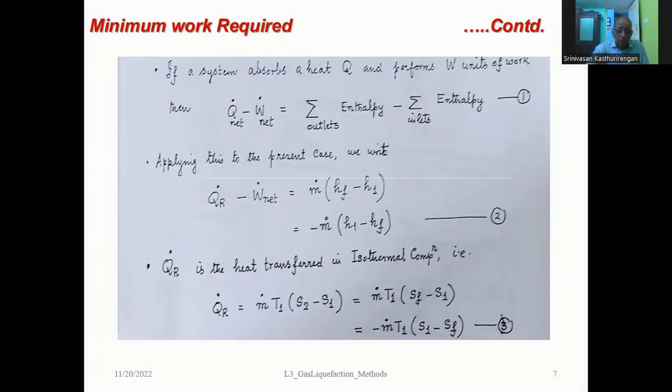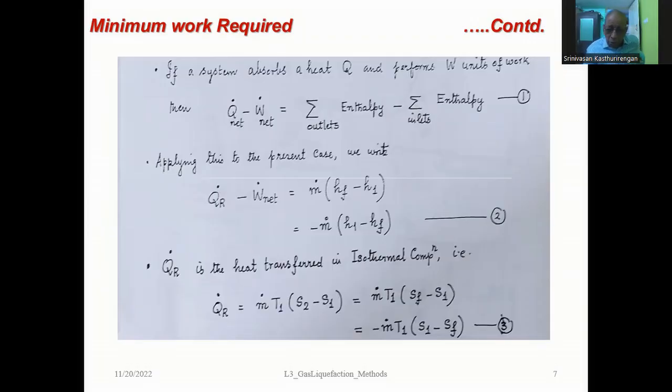But since H2 is vertically down, it is also the same as HF, and therefore we can write this as Q_R dot, which is the heat rejected, minus the work output W dot net, is equal to M dot, the mass flow rate, into the enthalpy of the outlet HF minus the enthalpy of the inlet H1.